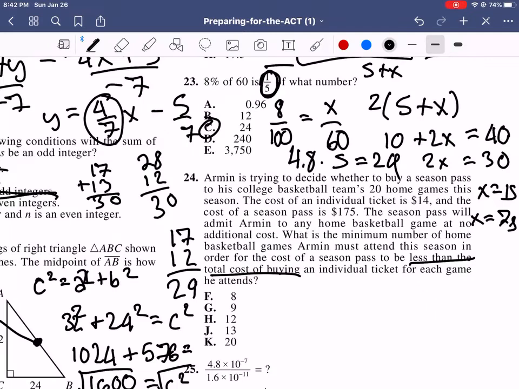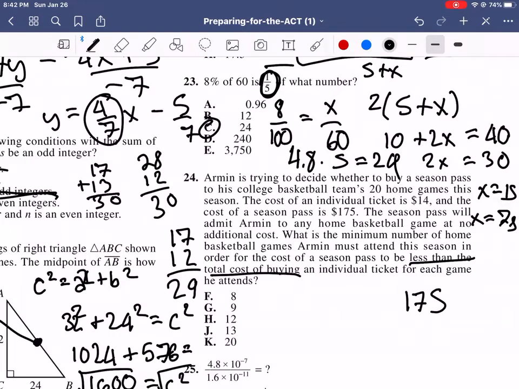So if he's going to, let's say, all of the games with individual tickets, no. So the season pass is $175.